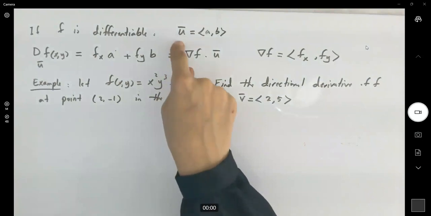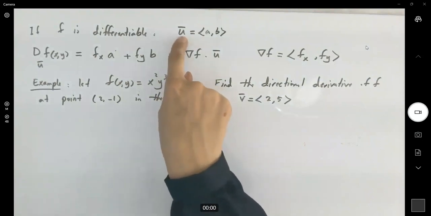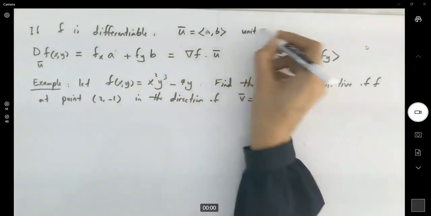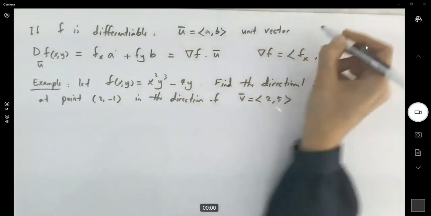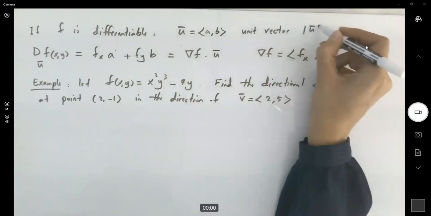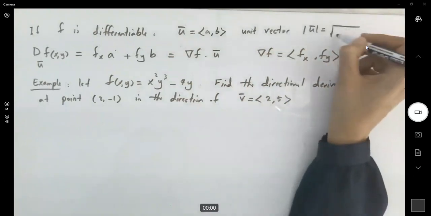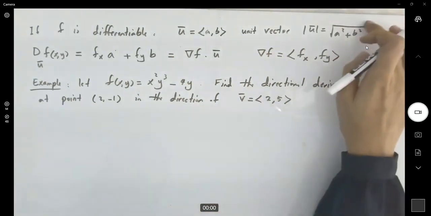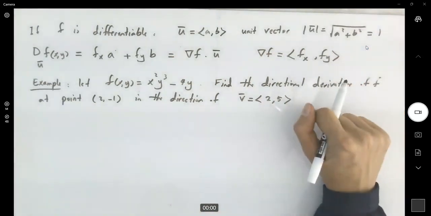Okay, guys, remember that in our definition, u needs to be a unit vector. What's the meaning of that? It means that the magnitude of u, which is the square root of a squared plus b squared, must be 1. If it's not, you have to rescale your vector.